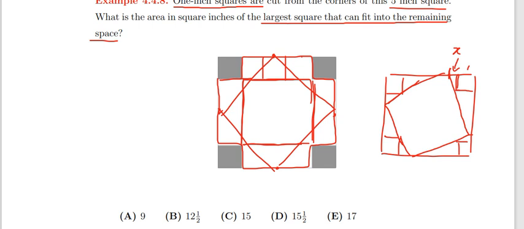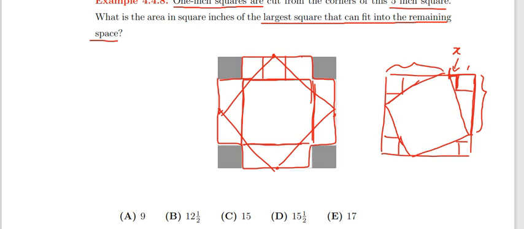So here we use this triangle. So x over 1 equals this ratio. So x over 1 equals 1 plus x over this. So what is this? So this equals this, right?